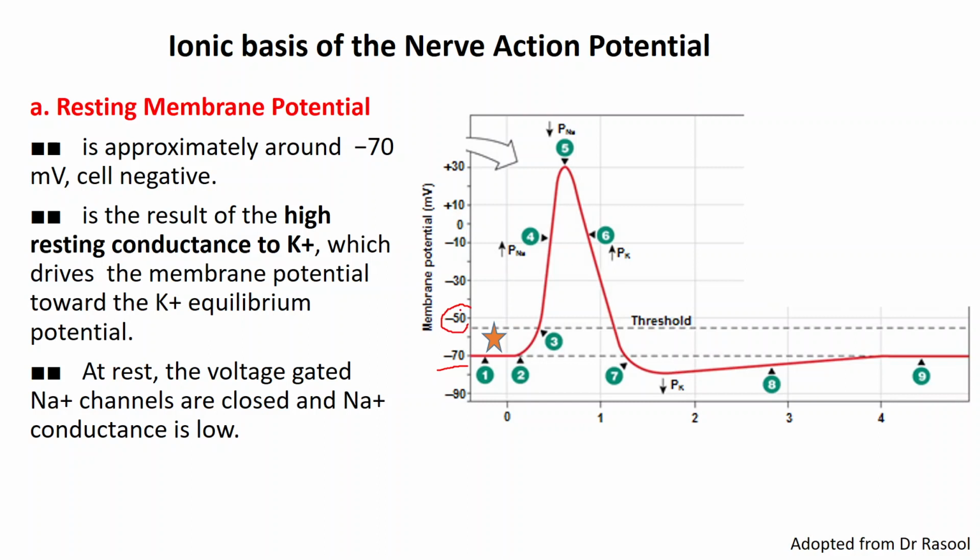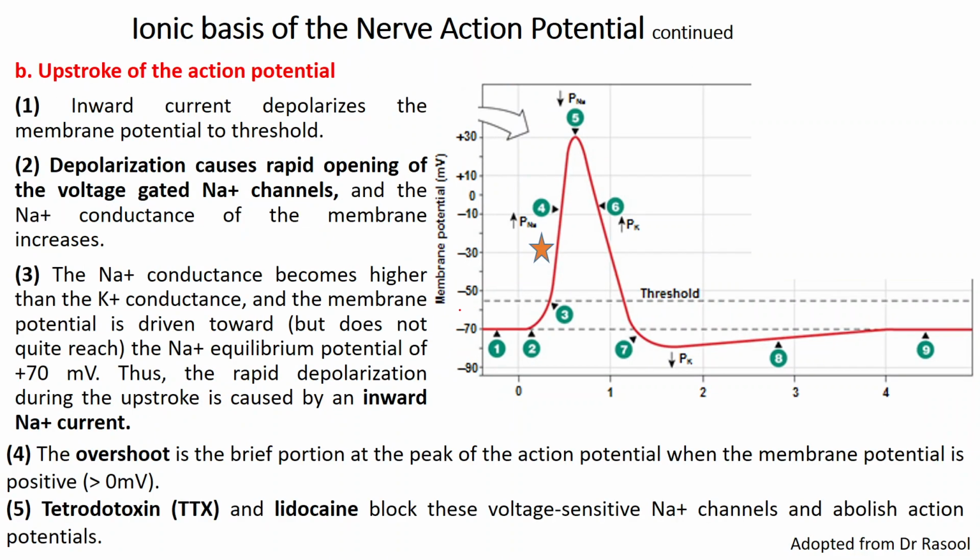This will open which channels? Voltage-gated sodium channels, right? Because the voltage-gated sodium channels have a sensor, and they open when the membrane reaches negative 50 millivolts, right? Now, the opening of the voltage-gated sodium channels will result in the influx of sodium into the cell. Why is that?